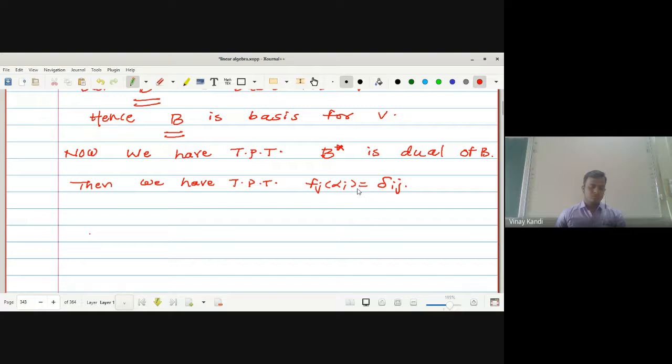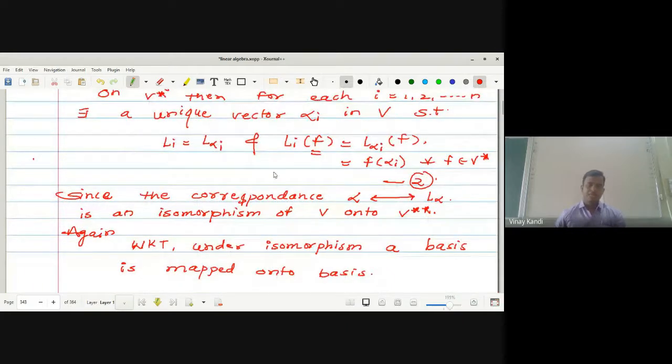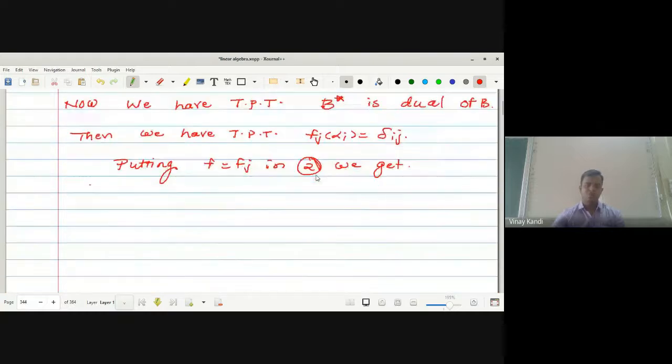Now, putting f is equal to fj in equation number 2, we get, what is equation 2? Look at it. Li of f. Okay, in equation 2, put f is equal to fj. So this is Li of fj is equal to, what do we put here?